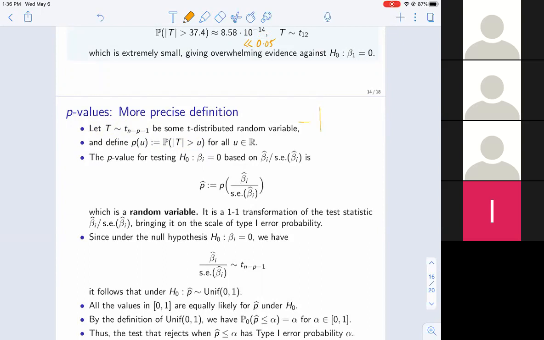The CDF computes one probability, and p of u computes this probability. It's just the alternative to the CDF. It computes that area. So that's p of u as a function.